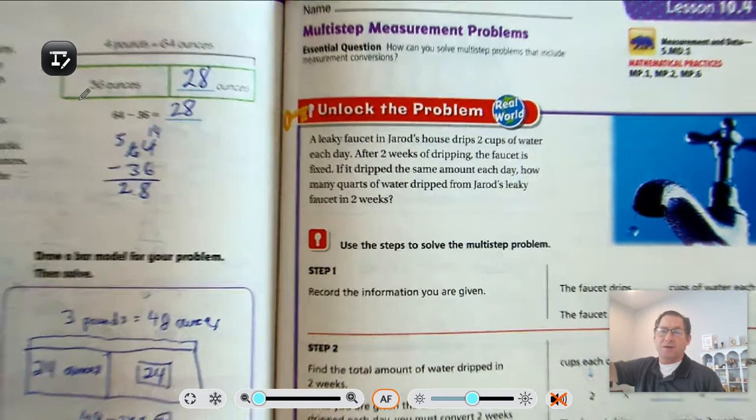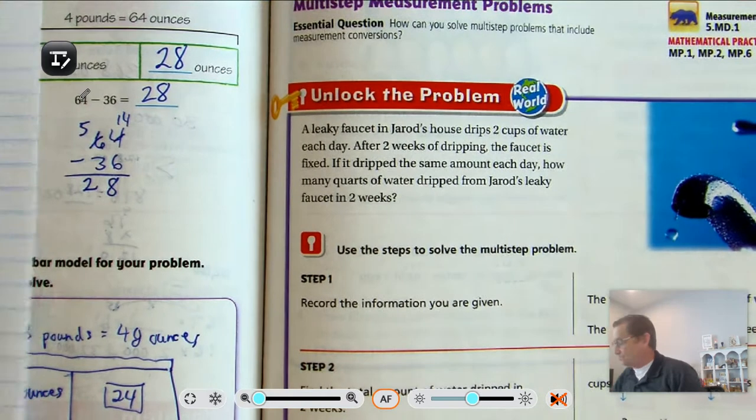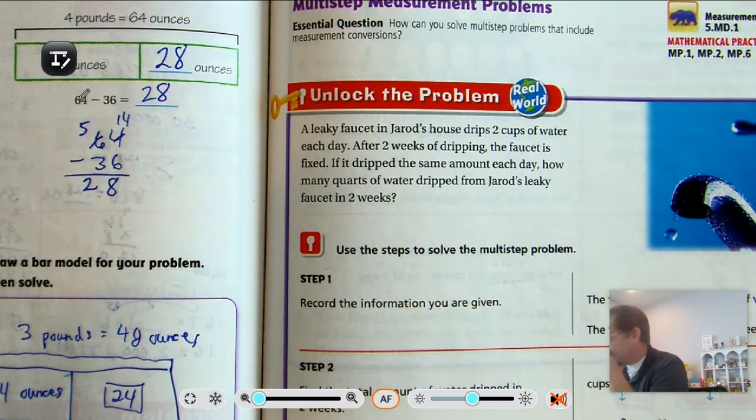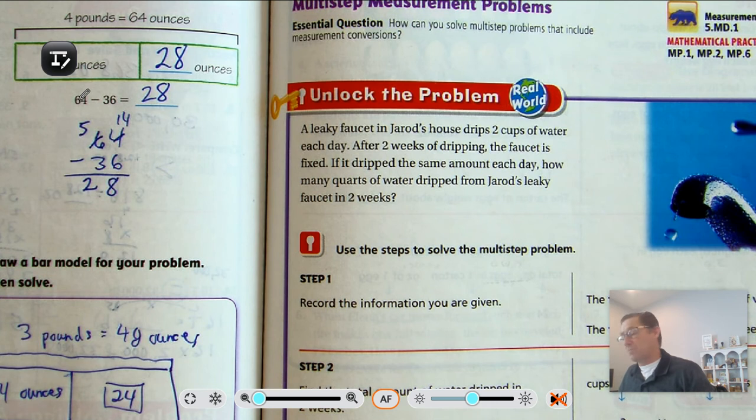All right, so let's look at the unlock the problem. A leaky faucet in Jared's house drips 2 cups of water each day. After 2 weeks of dripping, the faucet is fixed. If it dripped the same amount each day, how many quarts of water dripped from Jared's leaky faucet in 2 weeks?